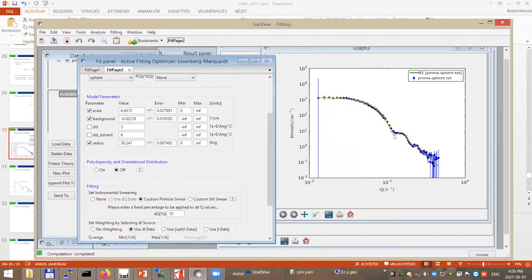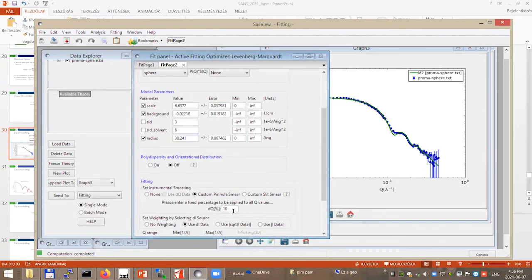So it is still not perfect, and there are two reasons again for this. The first one is that this resolution correction that I introduce here, 10%, is not exactly 10%, but it is different for the different points of Q. In fact, every point in the detector at every angle has a different resolution, and it varies from 10 to 15% because it depends on the position of the pixel in the detector.